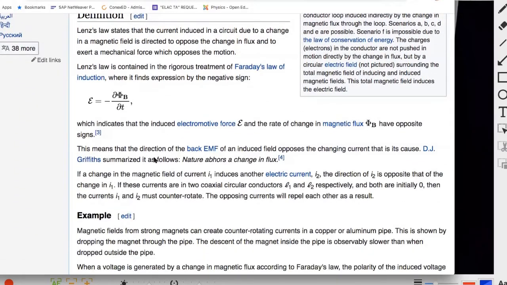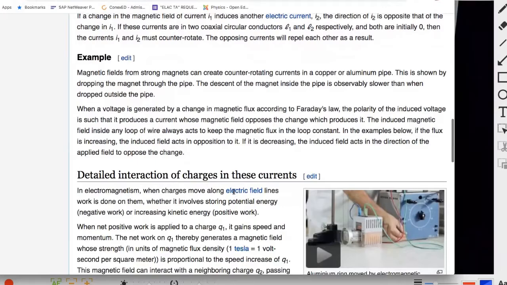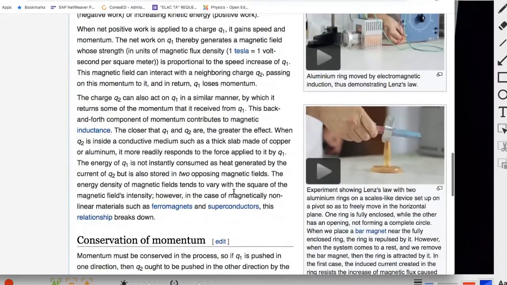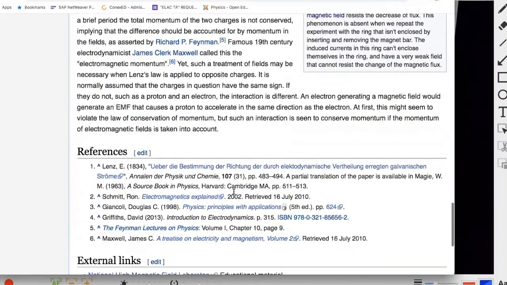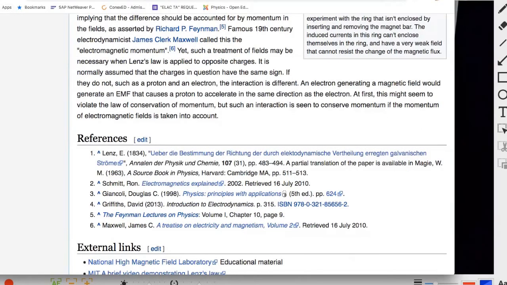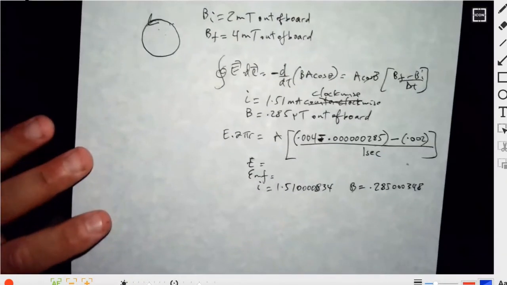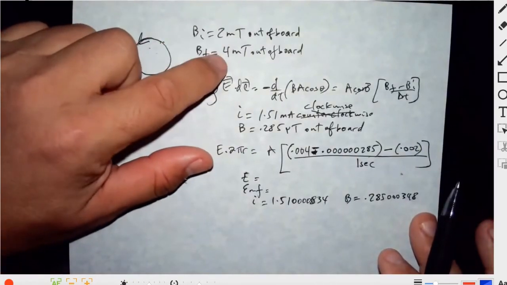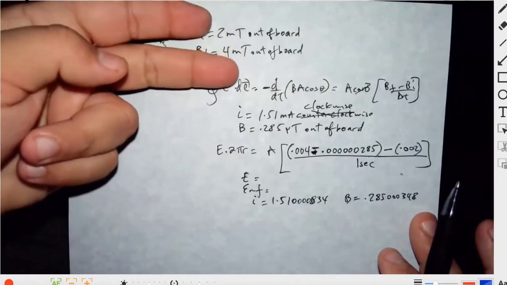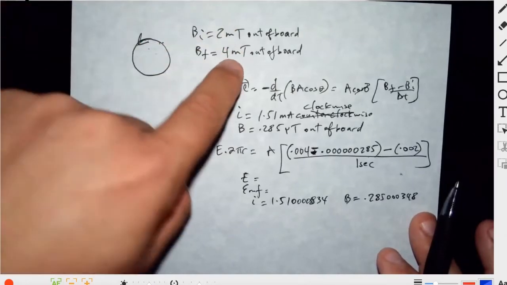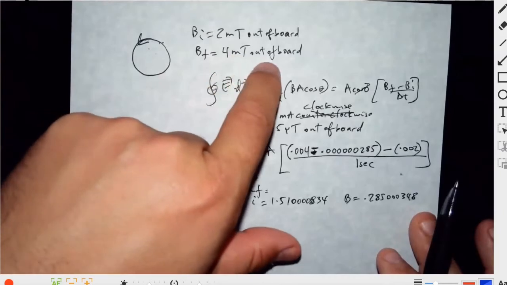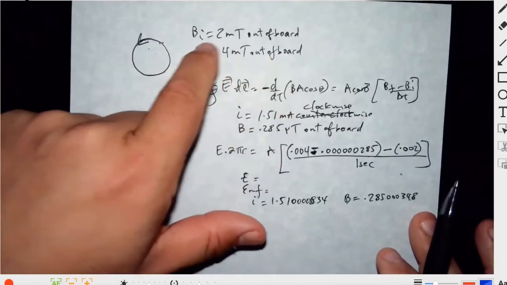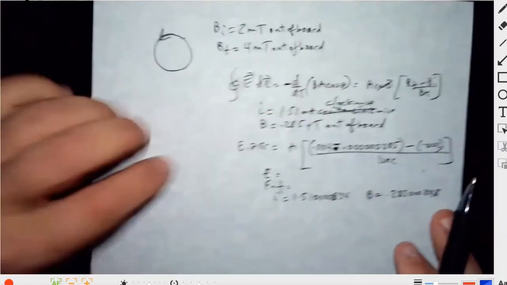So it's kind of focusing more on this negative. What does it mean to say negative right here? So if we go back to the original question and switch the order, let's say the B initial had been 4 milliteslas out of the board, and then the B final had been 2 milliteslas.